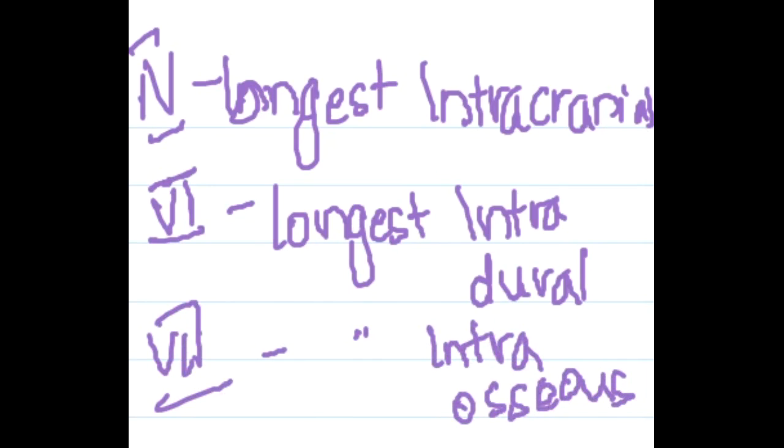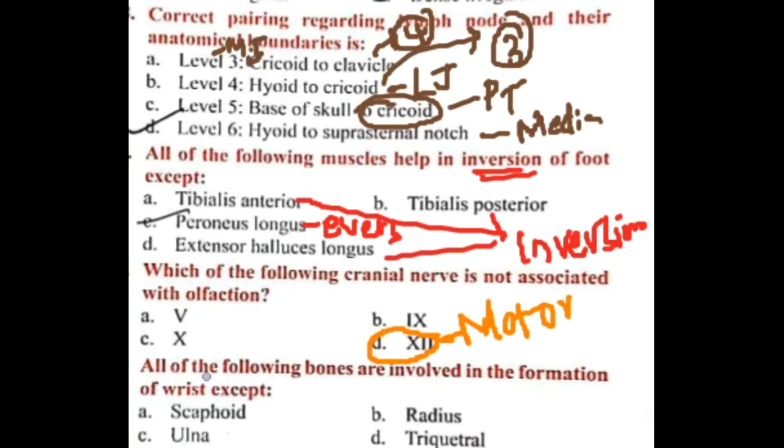Then the next question, the last question: all of the following bones are involved in formation of the wrist joint except. So in the wrist joint, all the bones are involved except the ulnar bone. Surprisingly, the ulnar bone is not involved in the wrist joint.